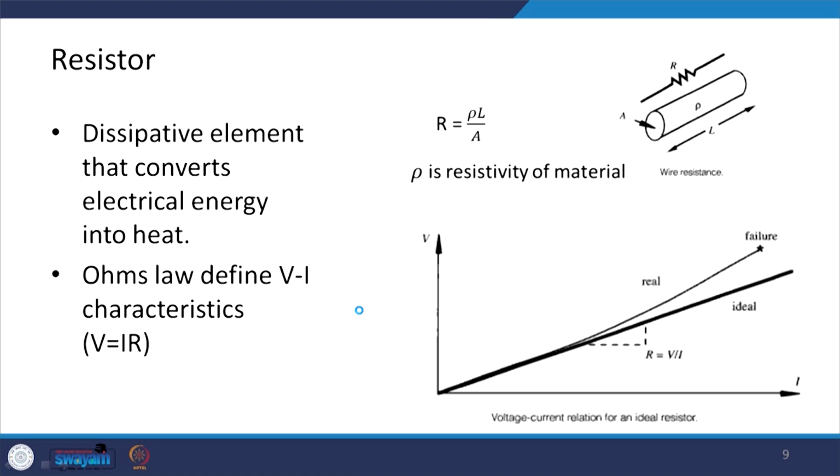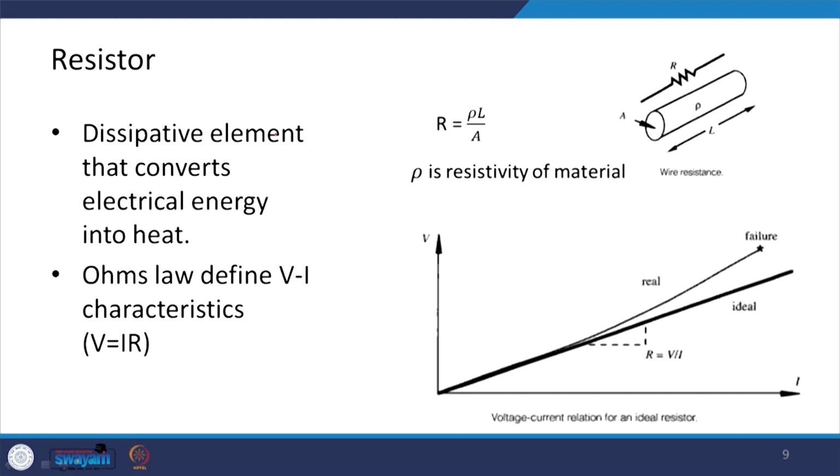So, let us begin with the first passive element, that is the resistor. We can see that it is a dissipative element that converts electrical energy into heat, and the heat is dissipated to the universe or atmosphere.